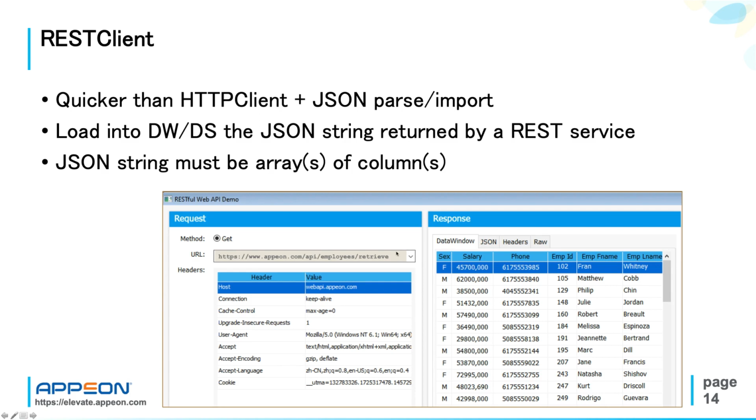And this picture shows a PowerBuilder example converted to PowerServer where a REST service provides employees data at this URL, and the result is automatically parsed out and represented in a data window with data window column names and types that must match names and types in the JSON string, although it is not necessary to have the same amount of columns or the same order.